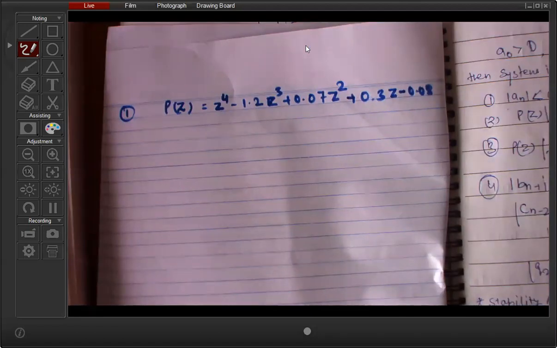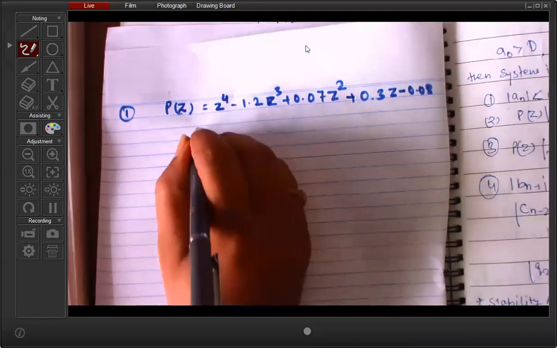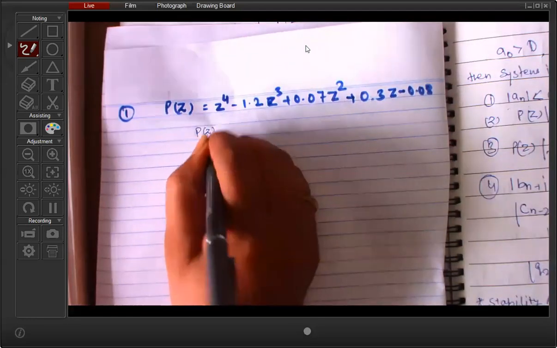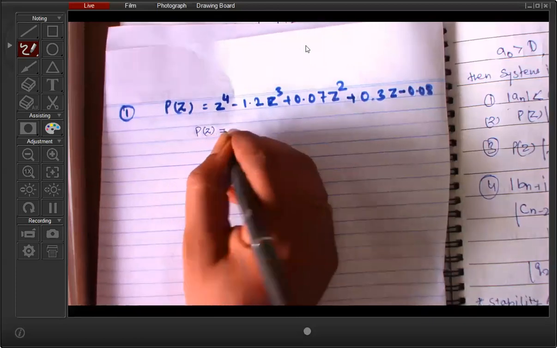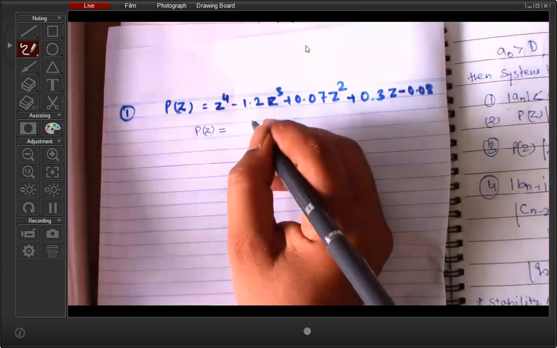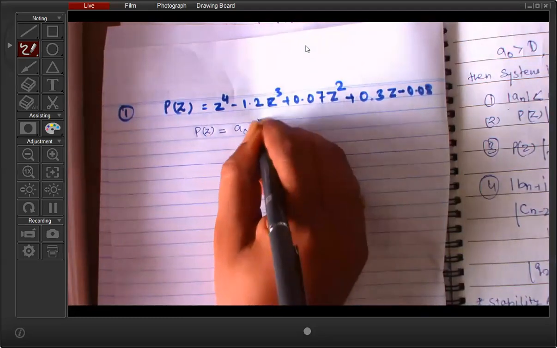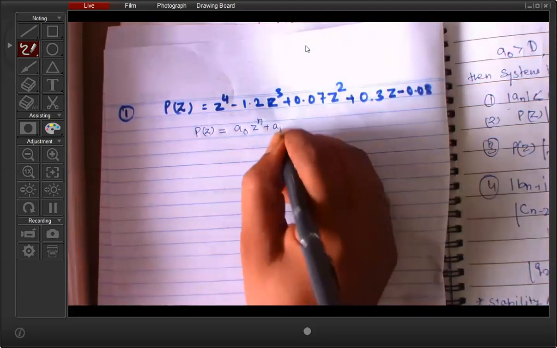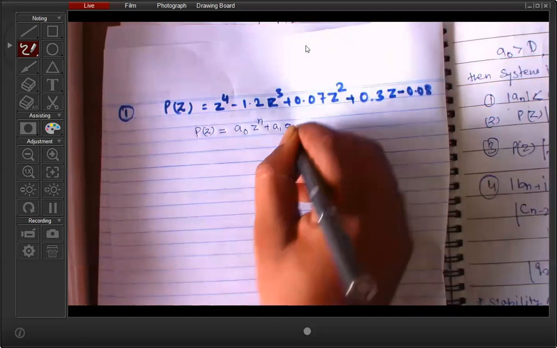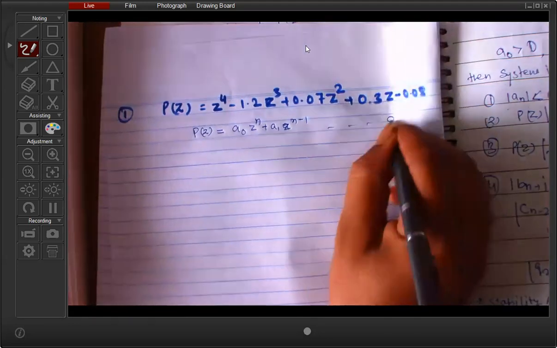I will solve this problem, and the next problem you have to solve on your own. First, compare this characteristic equation with the standard characteristic equation: a naught z to the power n plus a1 z to the power n minus 1 and so on, up to an.